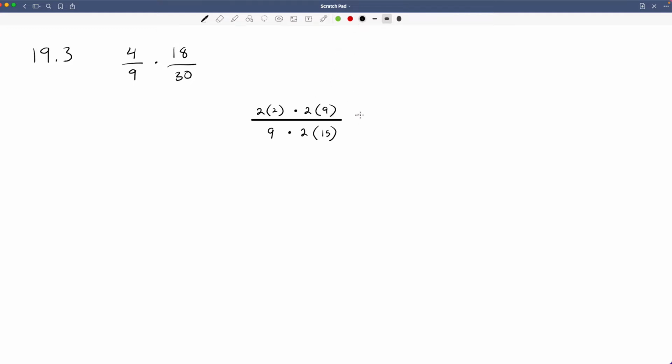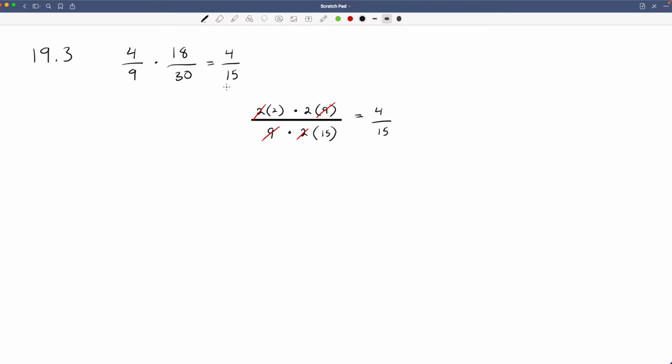So now I am going to cancel. I'm going to use my red pen, and I'm going to cancel this first 2 against this 2, and I'm going to cancel this 9 against this 9. So what I have left is 2 times 2, which is 4, and 15. And that is it. My reduced answer is 4 over 15 for this problem, so that is completely reduced.